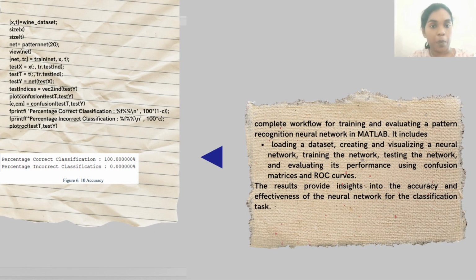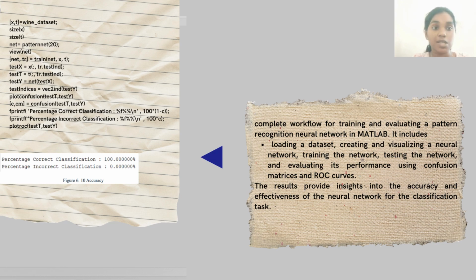Thank you. We also tried the coding part. So this is the complete workflow for training and evaluating a pattern recognition neural network in Matlab. It includes loading a dataset, creating and visualizing a neural network, training the network, testing the network, and evaluating its performance using confusion metrics and ROC curves.